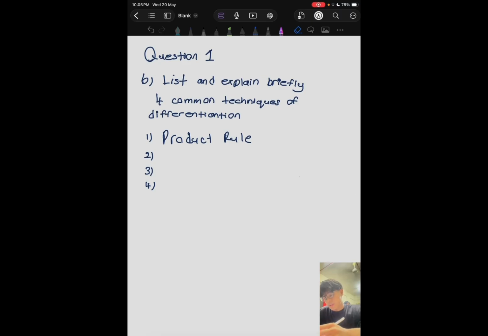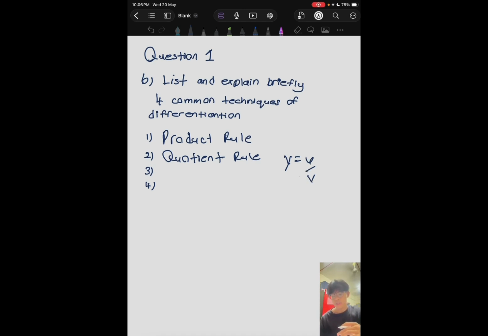What is the second common technique of differentiation? The second common technique of differentiation is the quotient rule. The quotient rule is essential when we are dealing with division, specifically when one differentiable function is divided by another, written as y equals u over v.